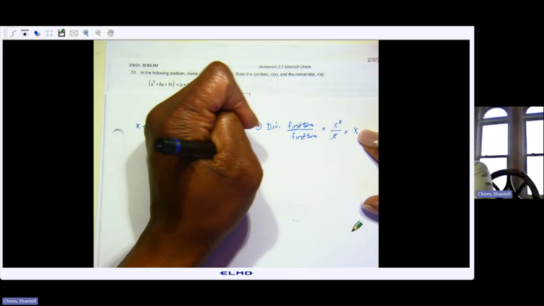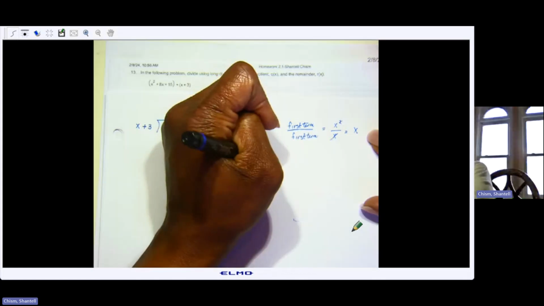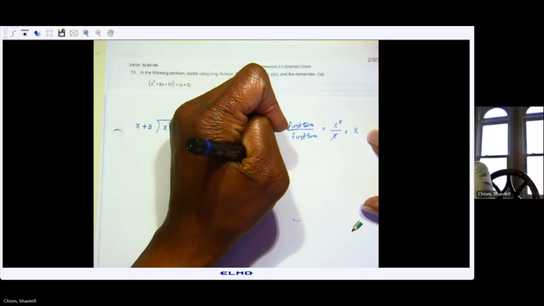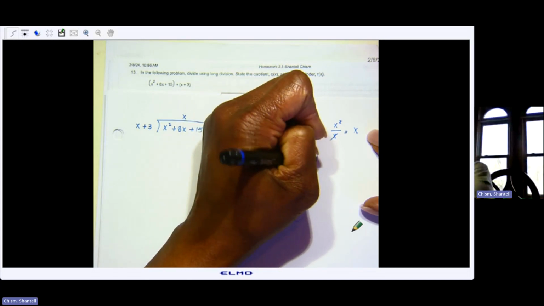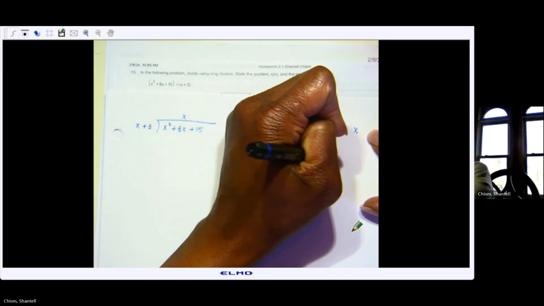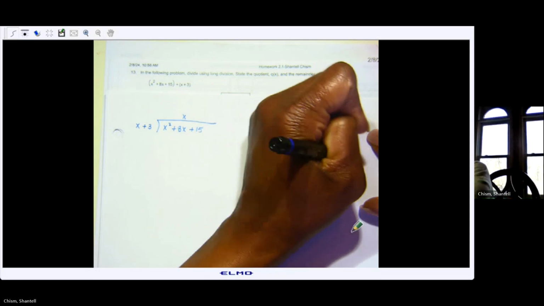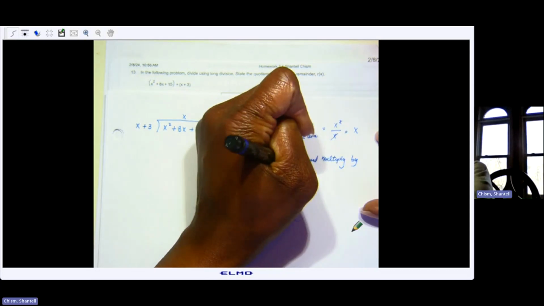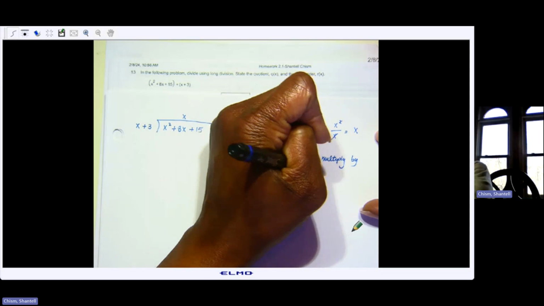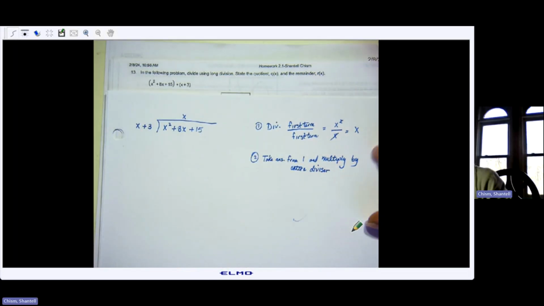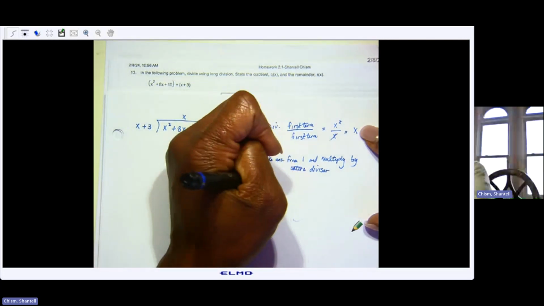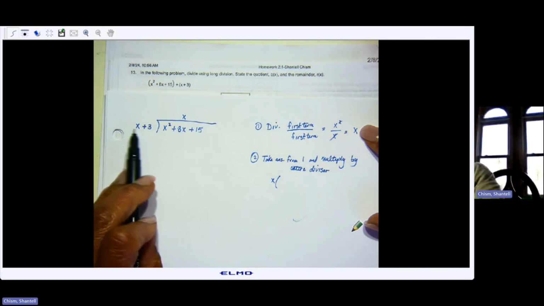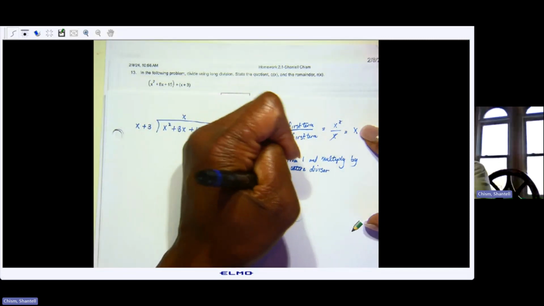Okay? Step number 2, I take the answer from step 1 and multiply by the entire divisor. Okay? So I'm going to take that x that I just had from this step 1, and I'm going to multiply it by the entire divisor, x plus 3.